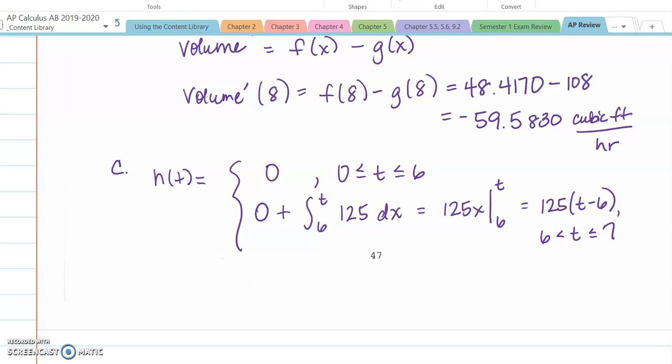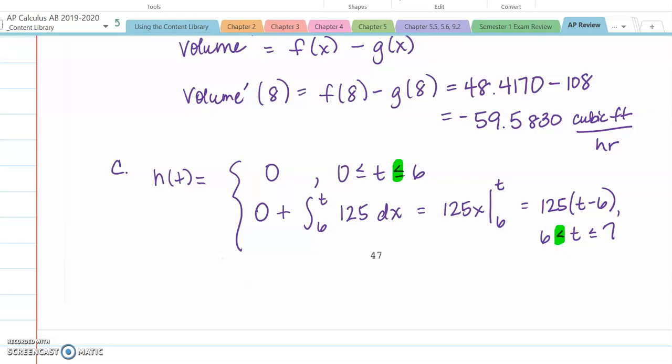You want to make sure that in your piecewise definition, you don't overlap. So if you include equality here, you don't include equality in the next piece. After that 7 a.m. mark, you've gone the full hour.